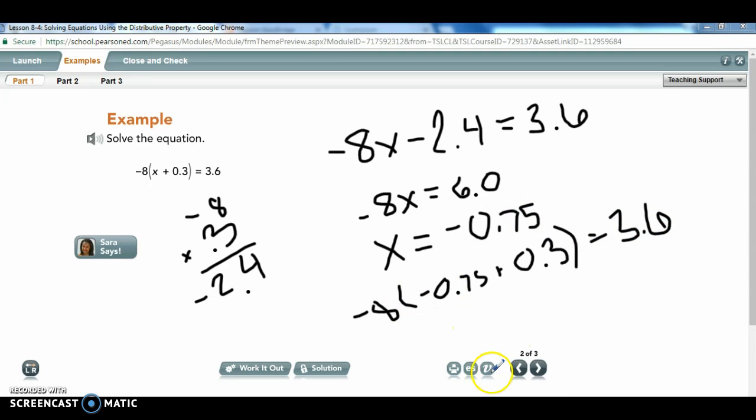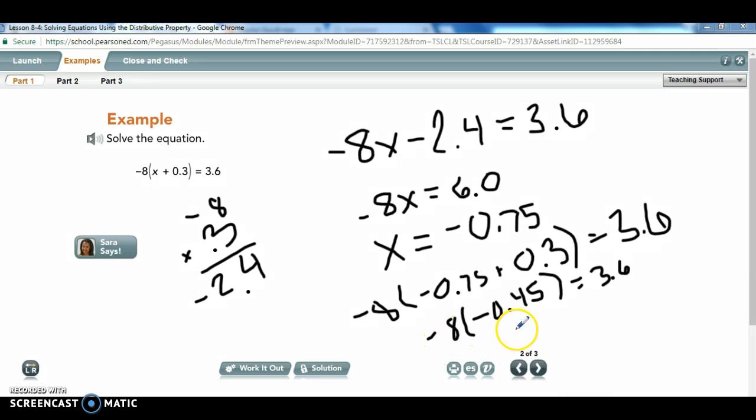Order of operations tells me to do what's in the parentheses first. So I want to add these two together, and I'm going to get negative 45 hundredths. Keep that in parentheses up against this negative 8. It equals 3.6. My second step is to multiply negative 45 hundredths times my negative 8.